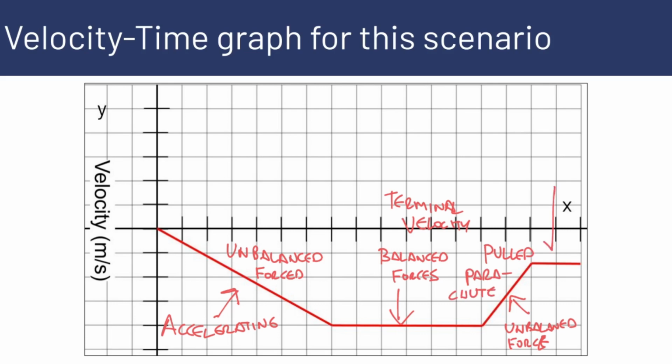And here, where they have a constant velocity, they have balanced forces. They're moving at a constant speed. This is where they're floating to the ground under their parachute.